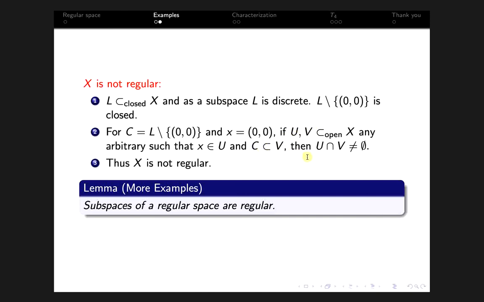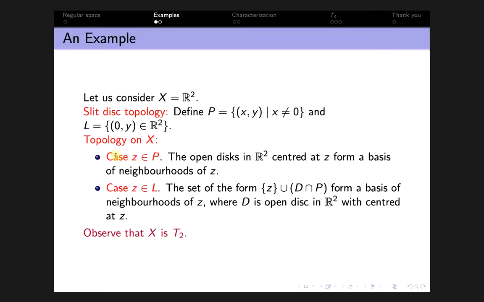Okay, and therefore X is not regular. So there are no disjoint open sets U and V that separate the point x from the closed set C. So this implies X is not regular. So here we have constructed an example, a topology on R2 called the slit disk topology on R2, that is Hausdorff but not regular.